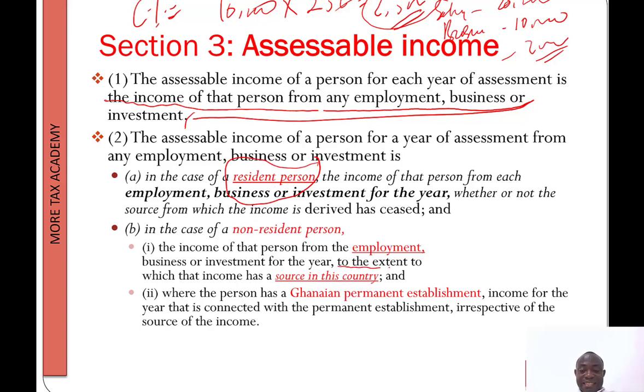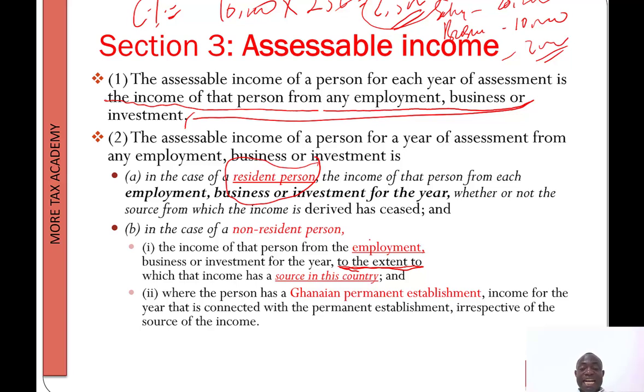To the extent, and these words are very important, if you are non-resident, to the extent to which the income has a source in this country, that is the only way we can exercise our power, our jurisdiction over your income. So if you are non-resident, the income must have a source in this country. In other words, you must get that money from our country. So if the income is from this country, it means that we can consider it as assessable income.